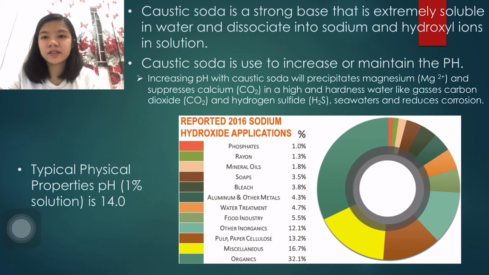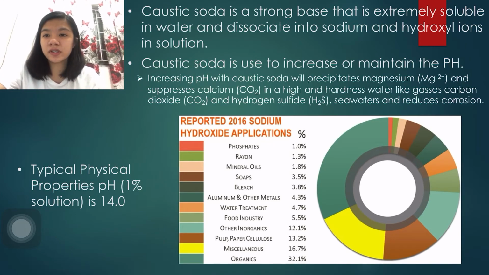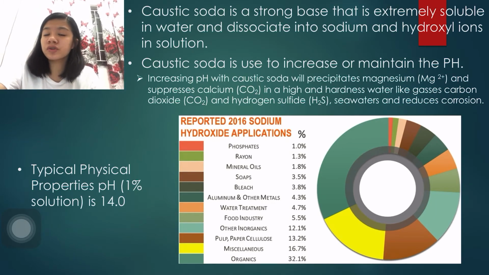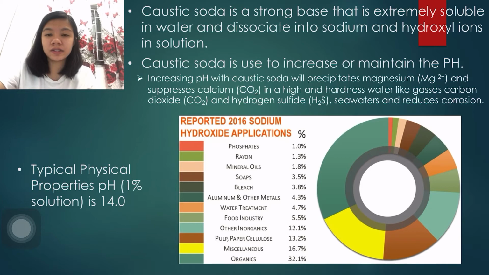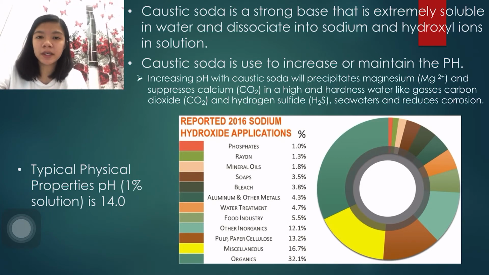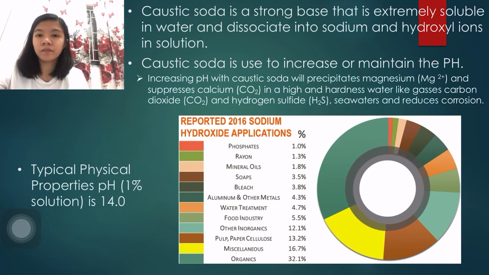Caustic soda is a strong base that is extremely soluble in water and dissociates into sodium and hydroxyl ions in solution. It is a widely available and economic source of hydroxyl ions for the control of pH, increasing the pH, which reduces the corrosion of steel exposed to drilling fluid.